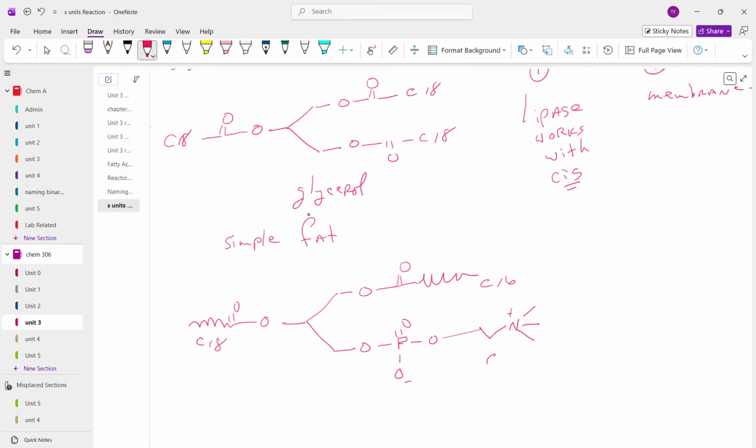Now, this thing here is called choline, a very important biological molecule. Choline is a combination of an alcohol plus an amine group. By itself, it looks like this. Choline.